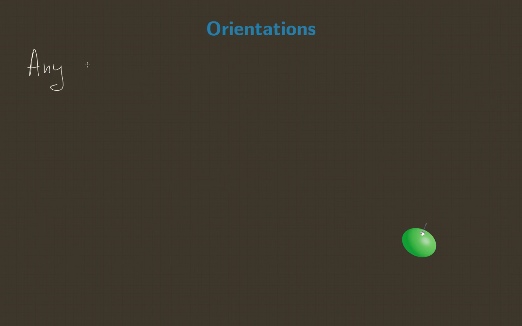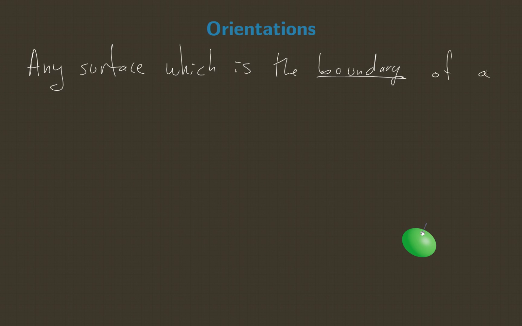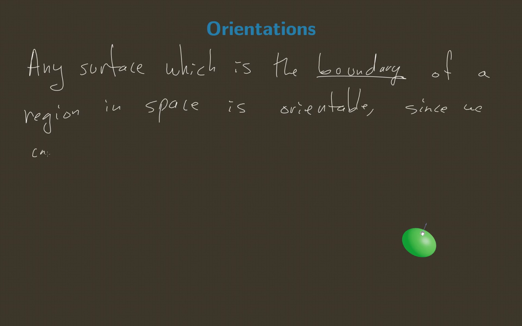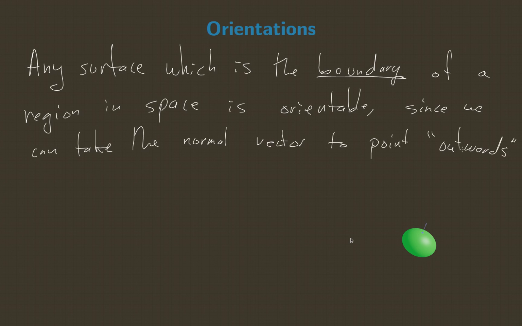So any surface which is the boundary of a region in space is orientable, because then we can take the normal vector to point away from the region.